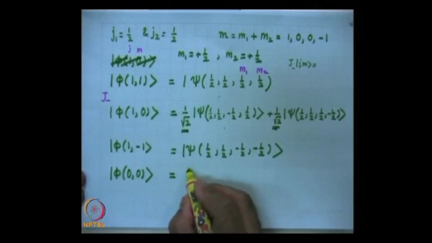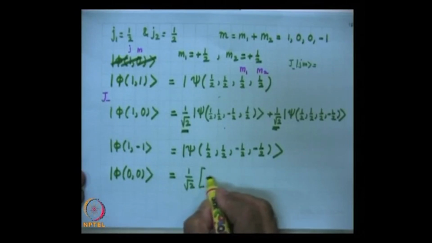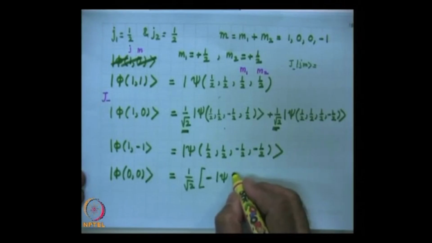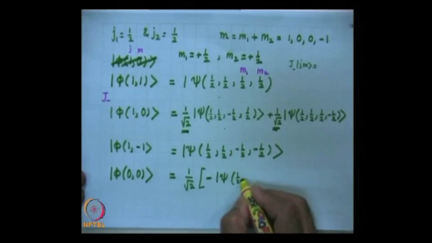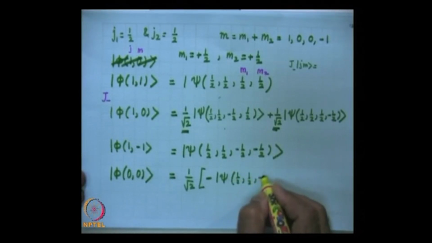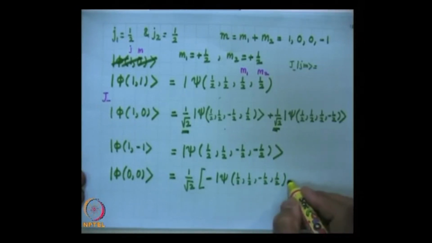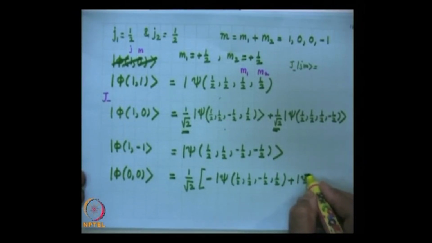So, that is given by 1 over root 2 times minus psi half, minus half plus psi minus half, half.